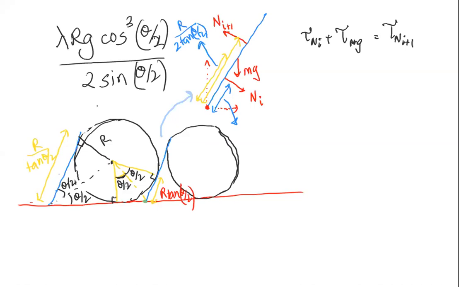So it should be Ni into R tan theta by 2, perpendicular distance, plus mg into R by 2 tan theta by 2 into, I drop mg, extend mg into this distance. What is this distance?